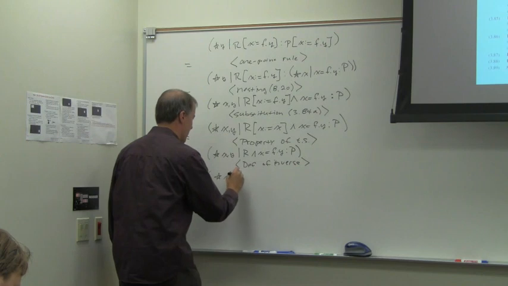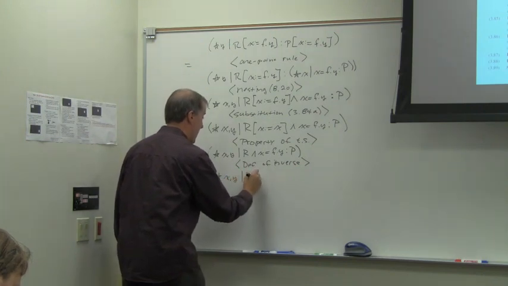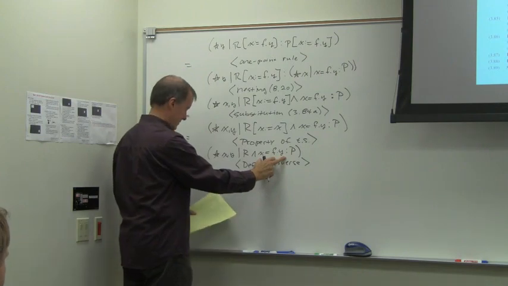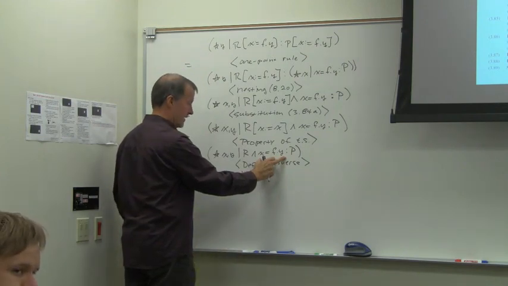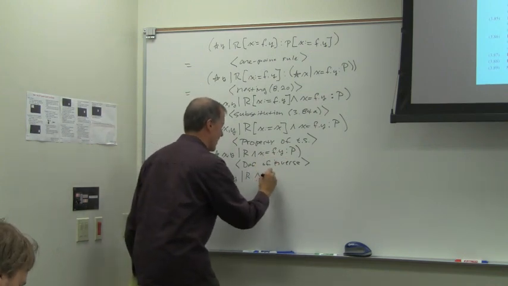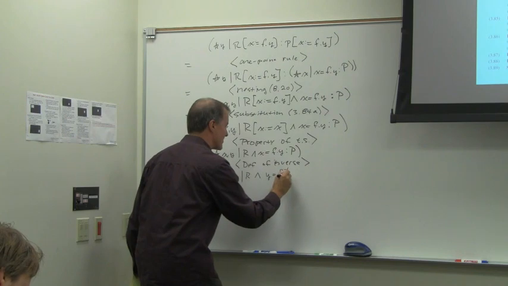Star x comma y, range r, and what is this equivalent to? Y equals f inverse dot x. Yes, good. Y equals f inverse dot x.